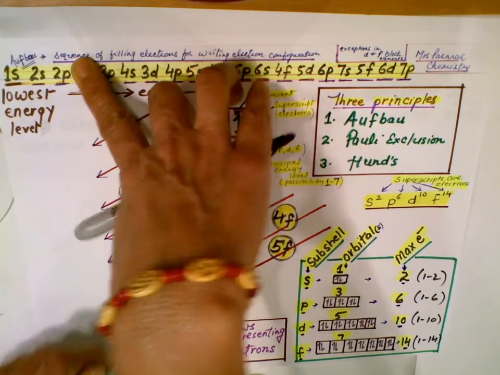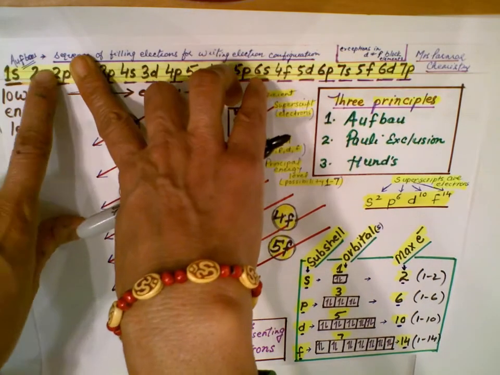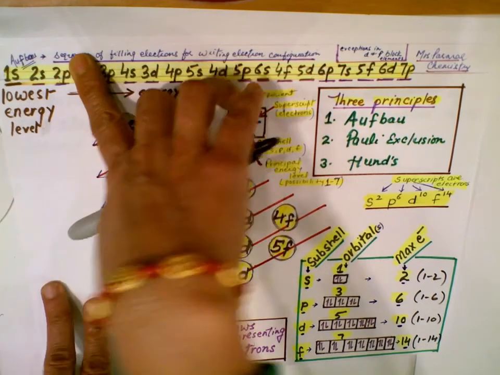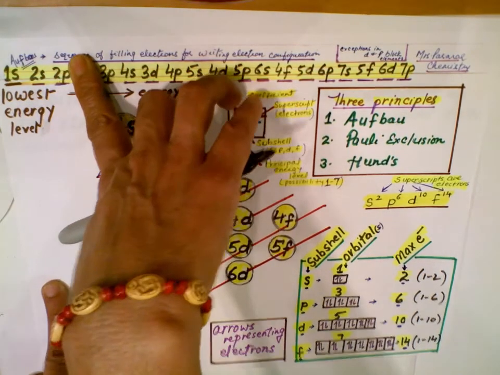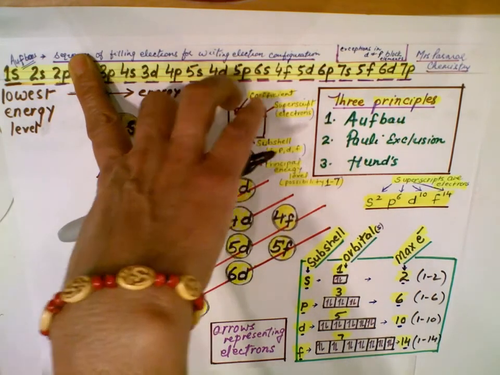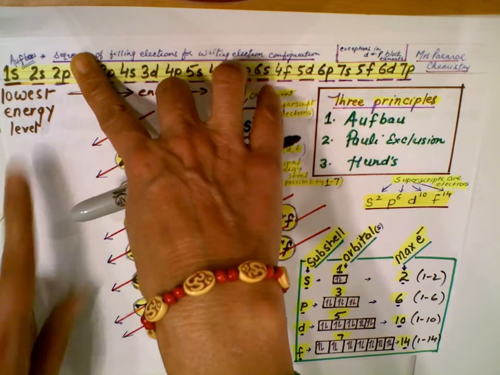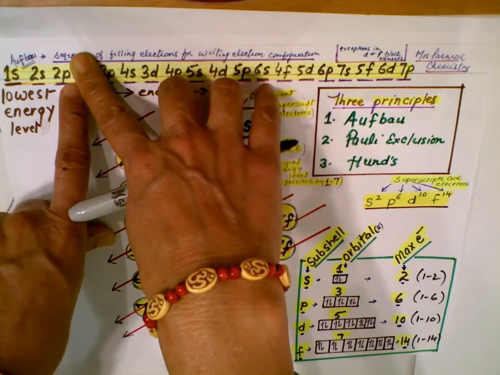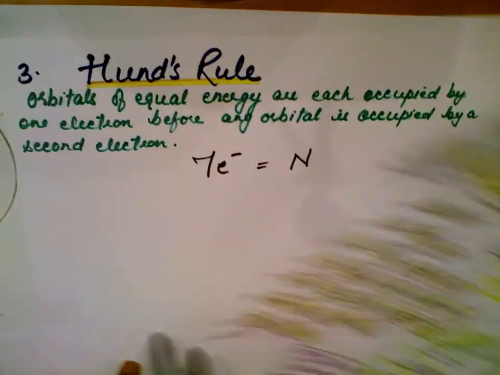Some of you must be thinking, where are those numbers at the top? I have not written them here. You know why? Because how many electrons will be at the top depends on my element. But one thing I know for sure is s cannot have more than 2, p cannot have more than 6. Okay, guys? Alright.